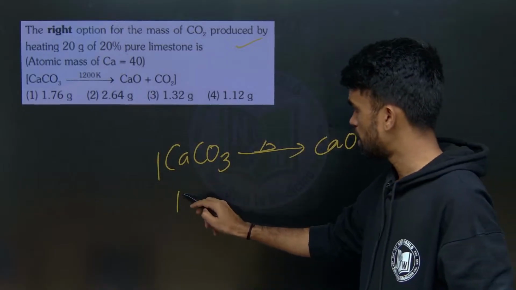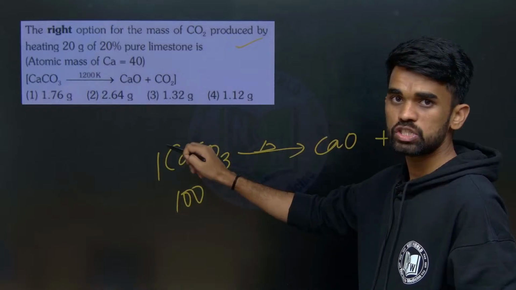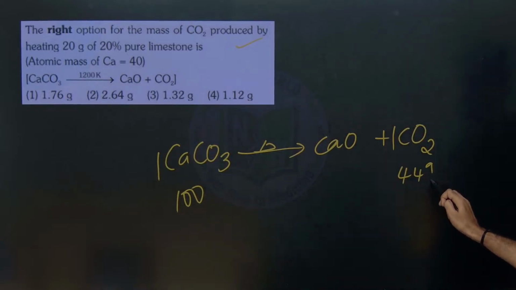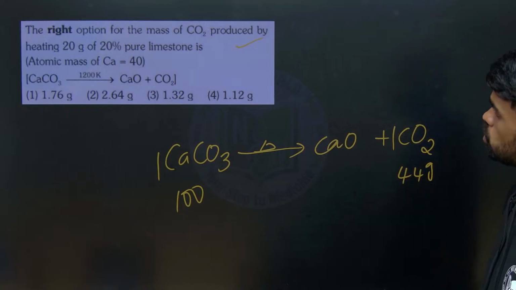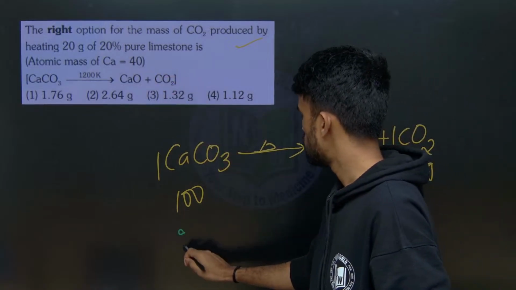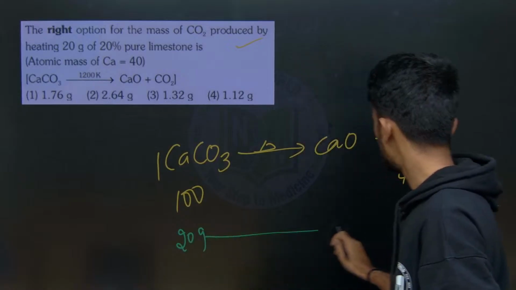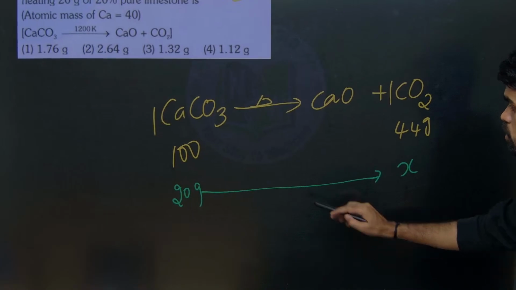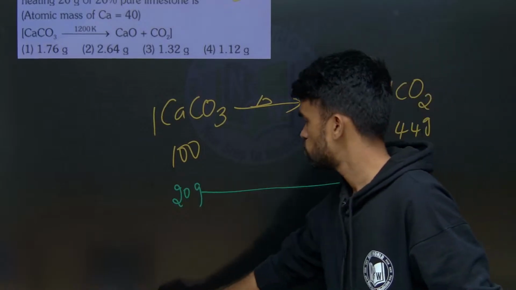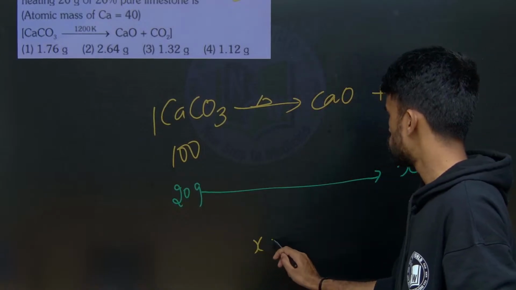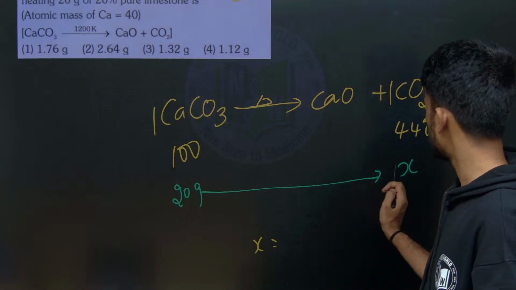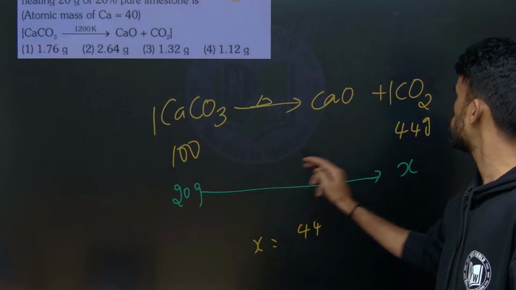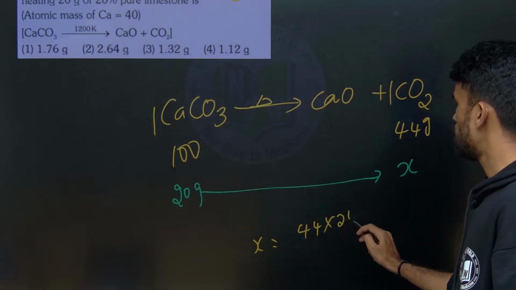For every 100 grams, since the molecular weight of this compound is 100, we are getting 44 grams of CO2. Now they told us 20 grams is heated, so how many grams is it producing? If it is 100% pure, this is the scenario. We need to find the x value here. Just use the unitary method: x equals 44 into 20 by 100.